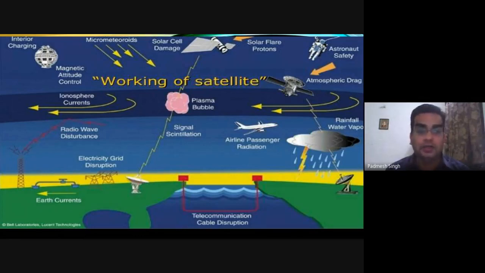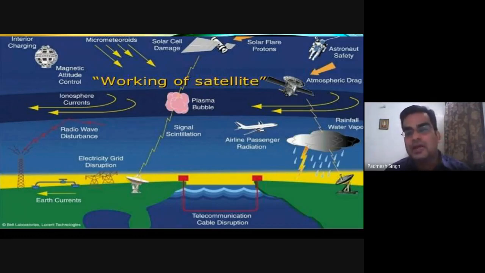After that, on the Earth, there are also various kinds of disturbances which hamper functioning of our satellite. These are earth currents. The return earth currents affect working of your satellite. Then there is electricity grid disruption that also affects the functioning of our satellite.